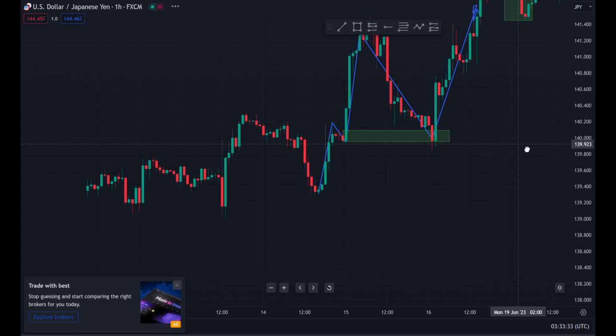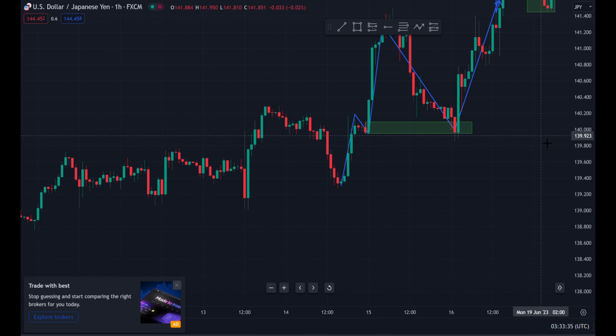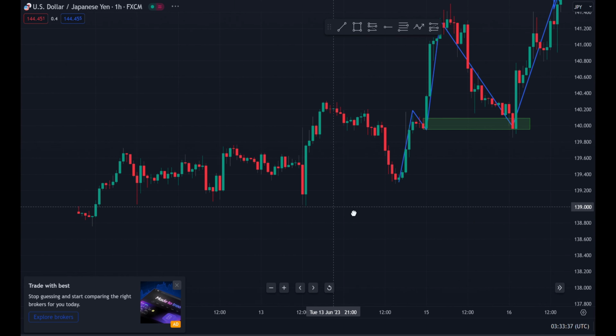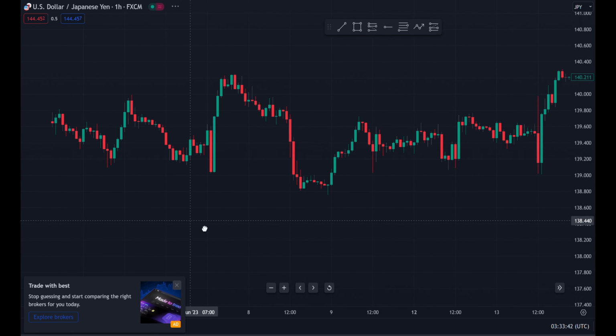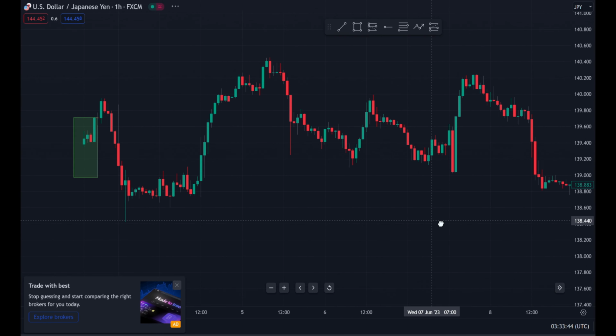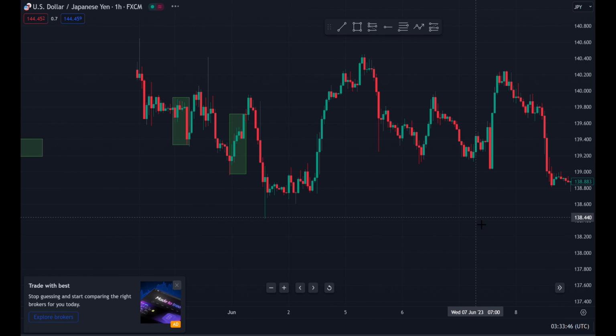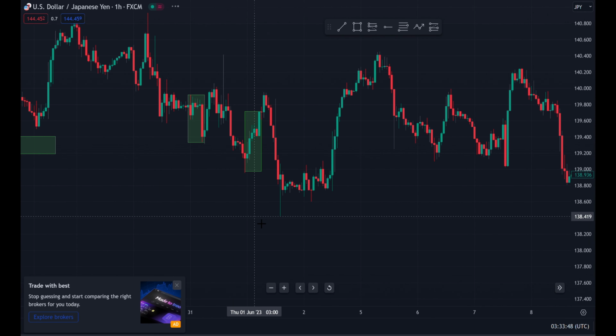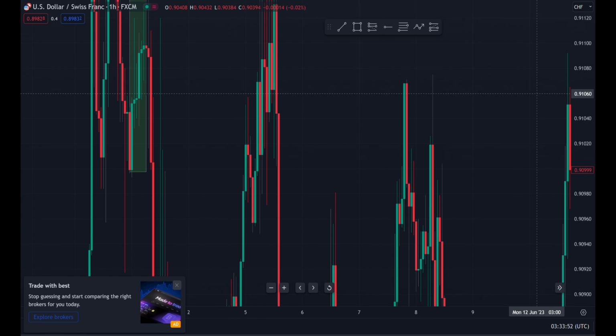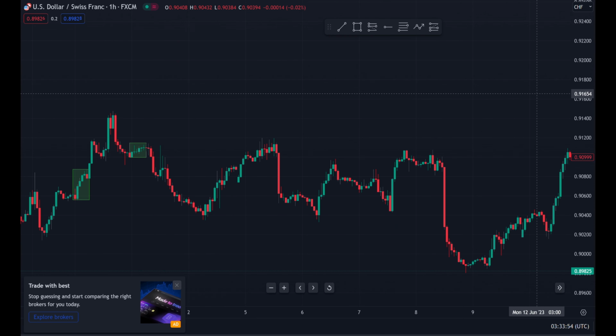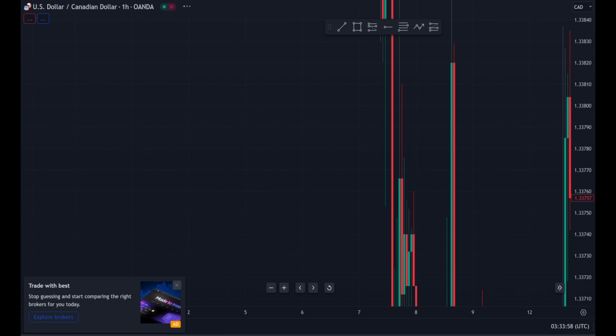Let's look for another one like this, a very clear rally setup, so that we should be very confident and not confused. Let's find that on another currency, so that you can understand it's not only on USD JPY.